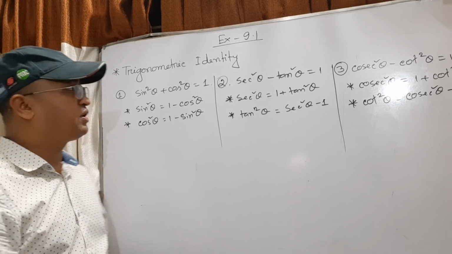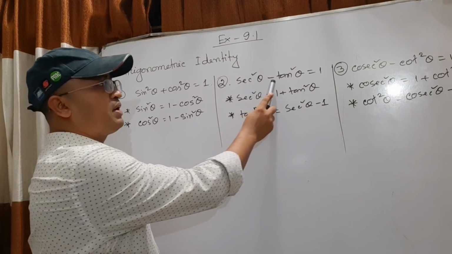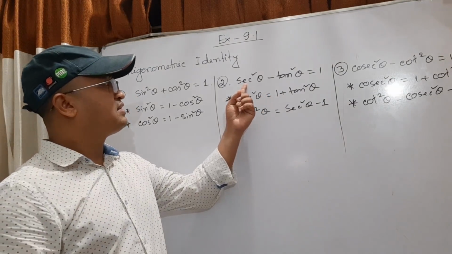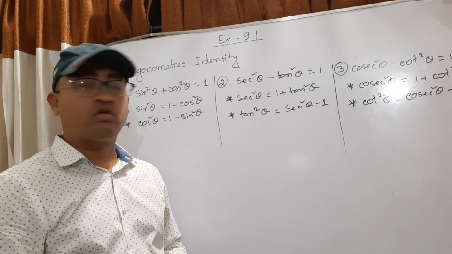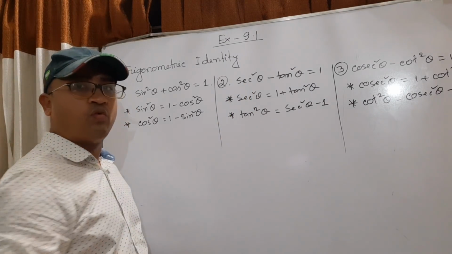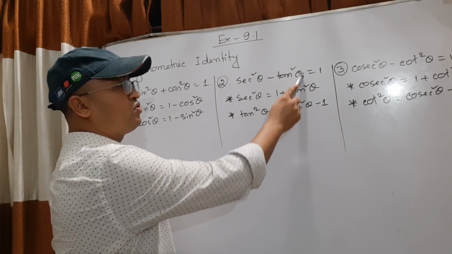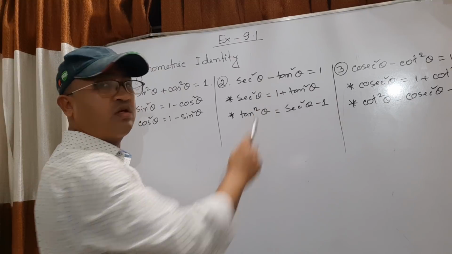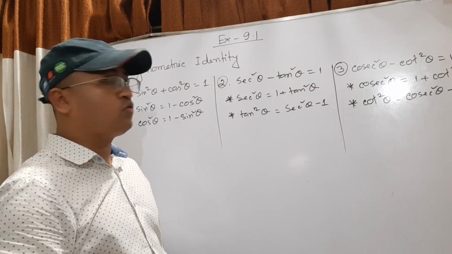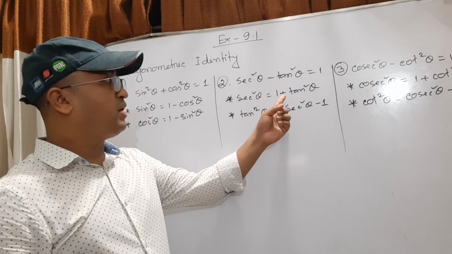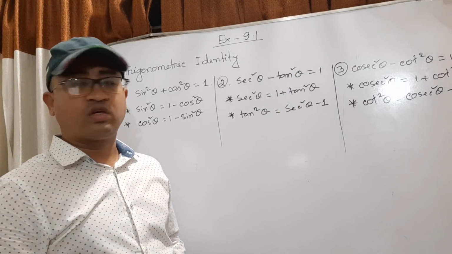Second identity, sec square theta minus tan square theta equals 1. From this, we get more: sec square theta equals 1 plus tan square theta. If you transfer tan square theta to the right side, it will be addition because there was subtraction. So it will be 1 plus tan square theta.